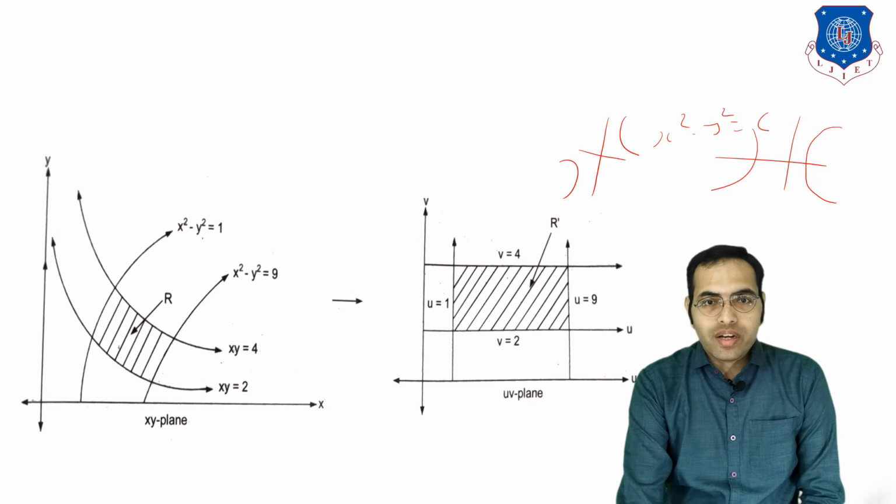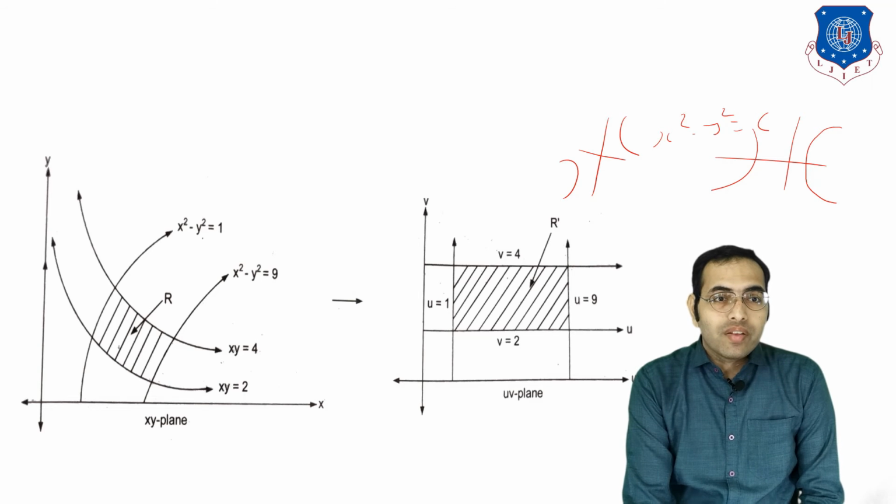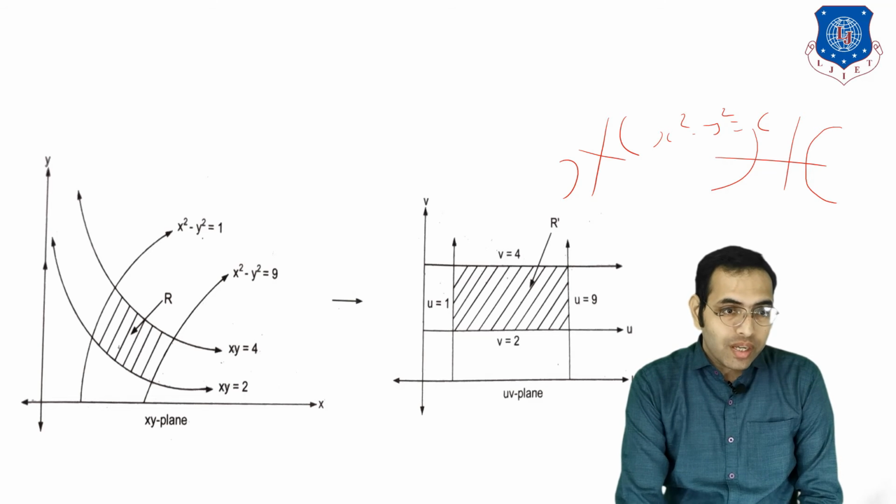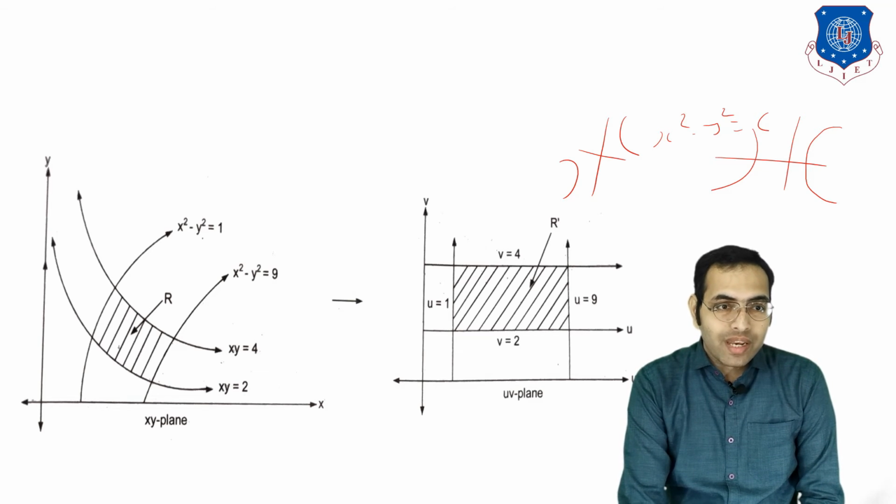But here we consider the first quadrant: x square minus y square equal to 1, x square minus y square equal to 9, xy equal to 2 and xy equal to 4. This type of region we consider, this is our capital R.